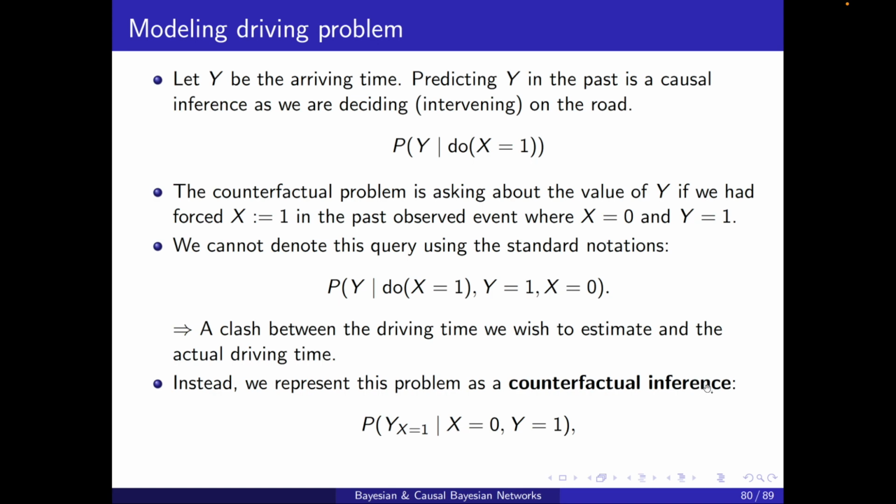A counterfactual inference, Y of X equal to 1, that is like the probability of Y when we force X to be 1, given the observation X was equal to 0 and Y was equal to 1. So this means that given this event that has happened in the past, what would have happened if we instead would have forced X to be equal to 1? Okay, so this is the freeway driving time in our example.